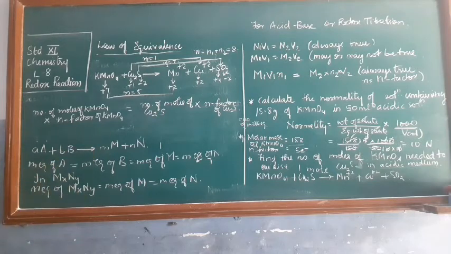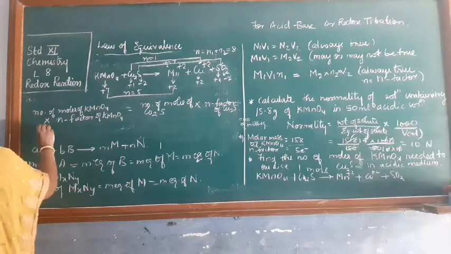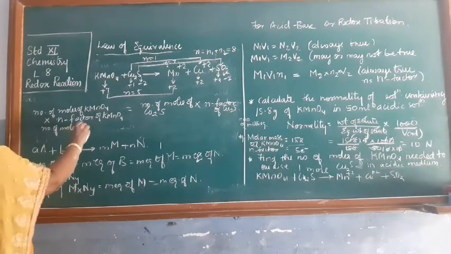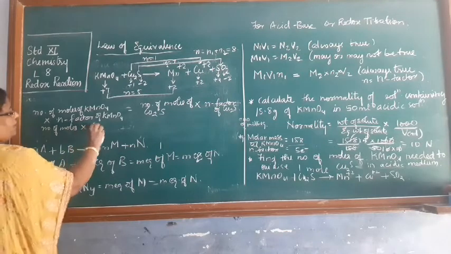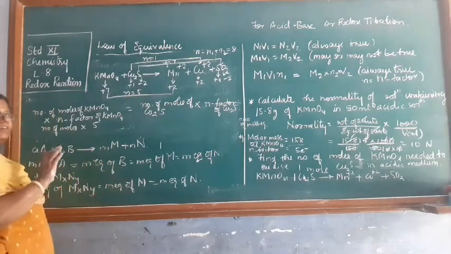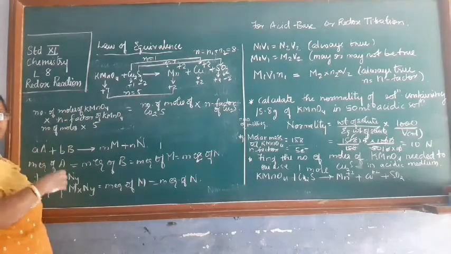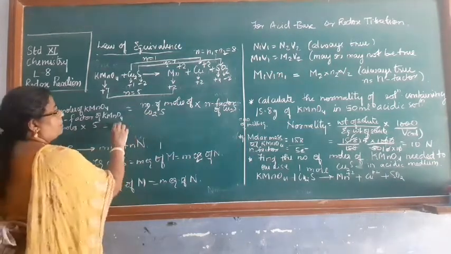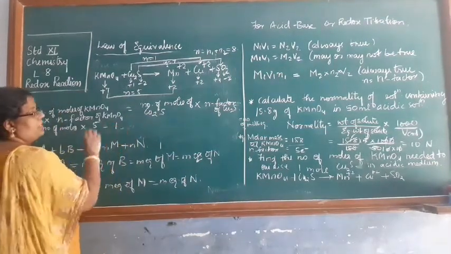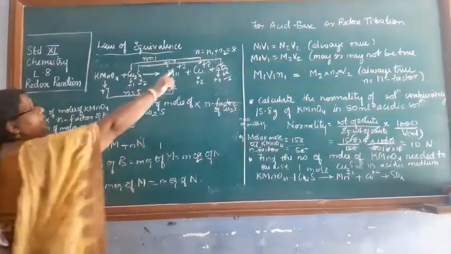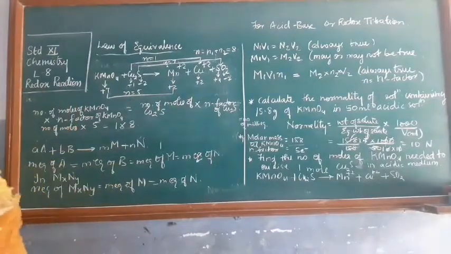Find the number of moles of KMnO4 needed to oxidize 1 mole of Cu2S, so that is number of moles into n factor of KMnO4. हमें number of electrons वही हुआ उसका n factor, number of electrons gained by KMnO4. So 5 electron will be equal to number of moles of Cu2S. It is given as 1 into what is the n factor of Cu2S? It is total 8. n1 plus n2, it becomes equal to 8.